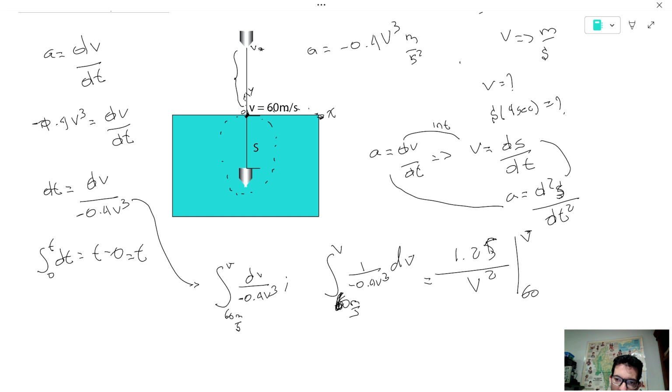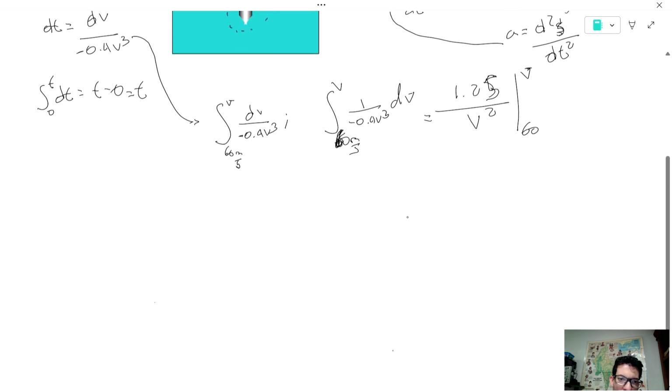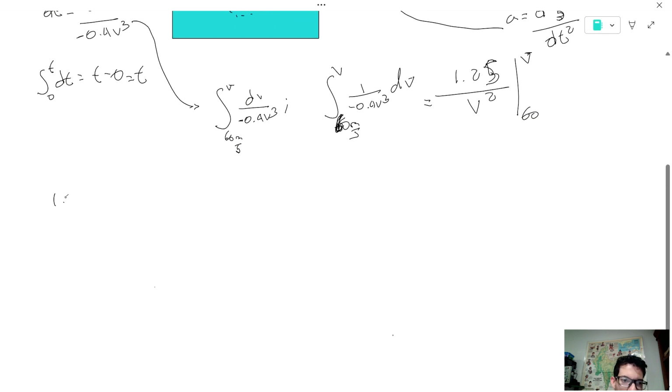Again, this is not a number because we're trying to solve for this v when we replace it. So that is basically 1.25 over v squared minus 1.25 over 60 squared. I'm going to leave it like that because then when we replace the time, it will be easier, and you'll see why. You don't have to use the calculator until the very end.